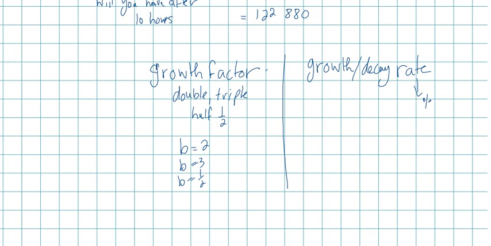That 3% is called the growth rate. Okay? So you can't use the 3 as your base, because then it's tripling, and that's not the case. Your money is not going to triple, trust me.